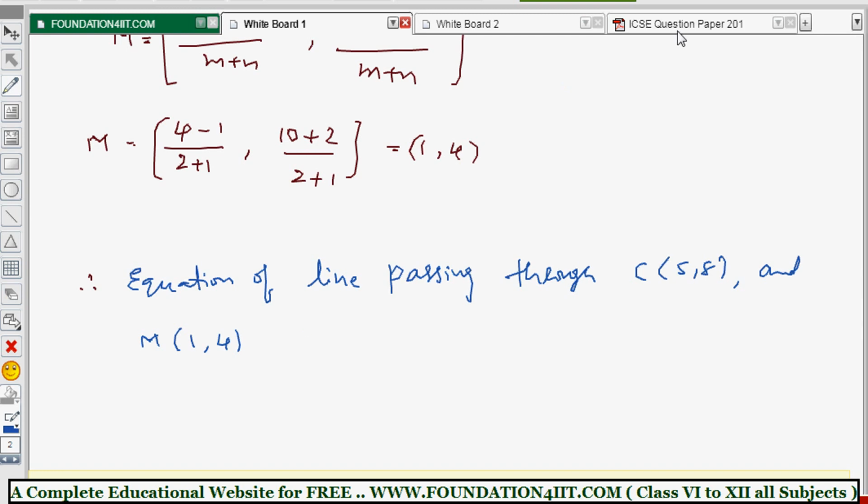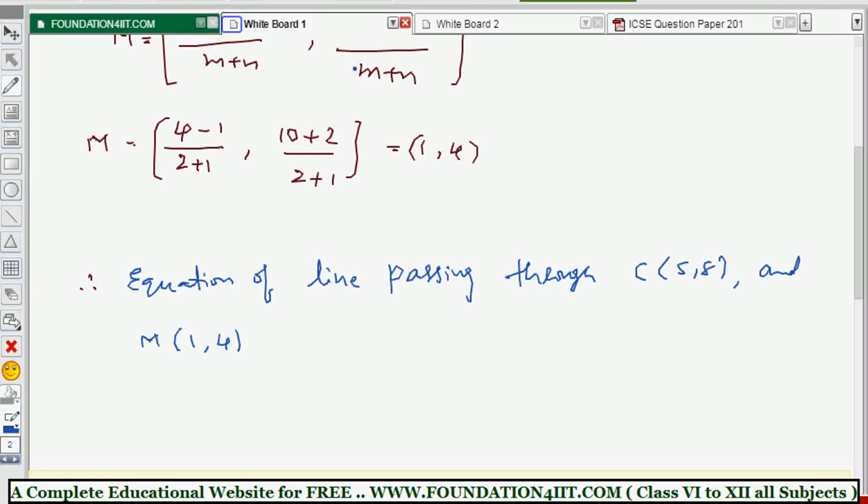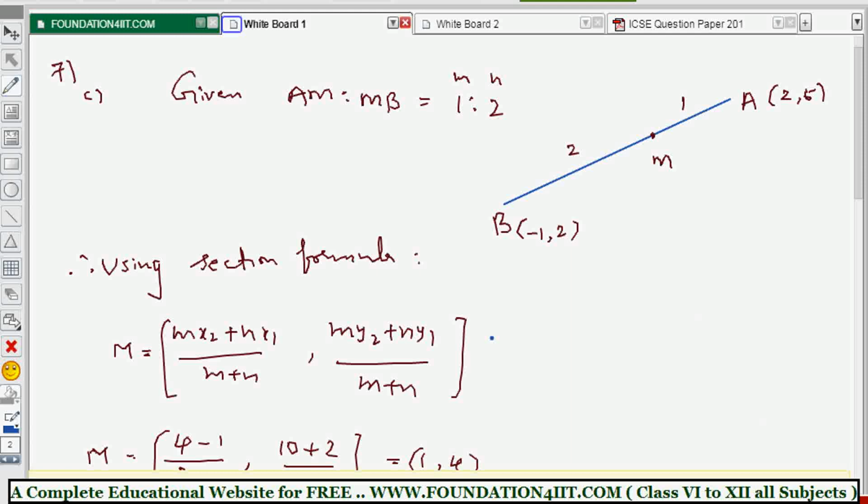So we need to apply a formula. You take both points, C and M. That means in this triangle itself, ABC, if you take one more point C, it's a triangle. We have to find the line passing through M and C. So this MC equation of line we are finding now.